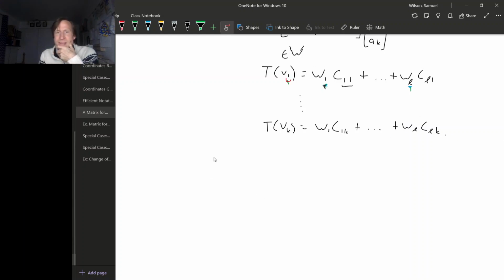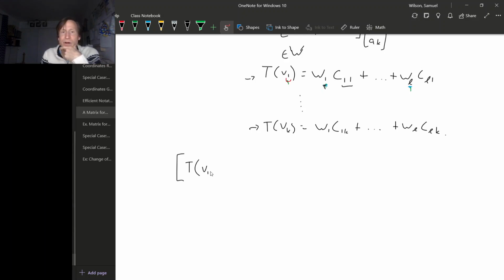Now, the way we have this set up, we can actually write down all of these equations all in one go by packing the left-hand sides into a matrix. So just treat each one of these left-hand sides as the column of a matrix.